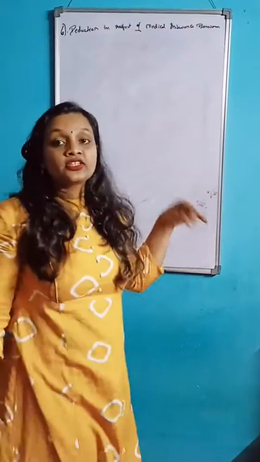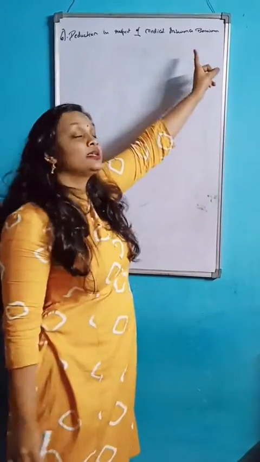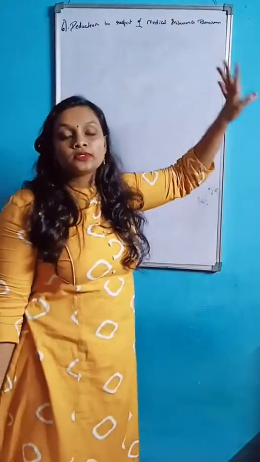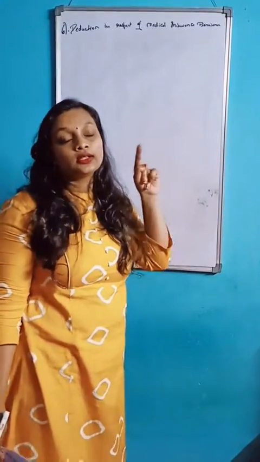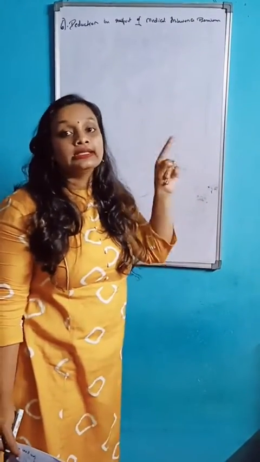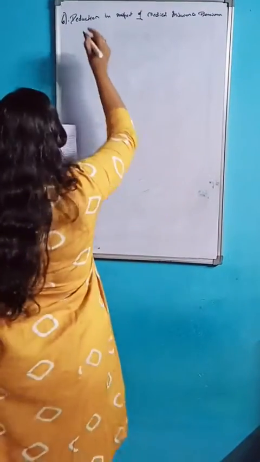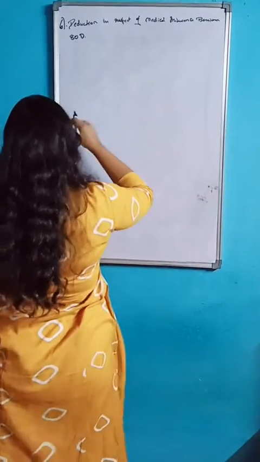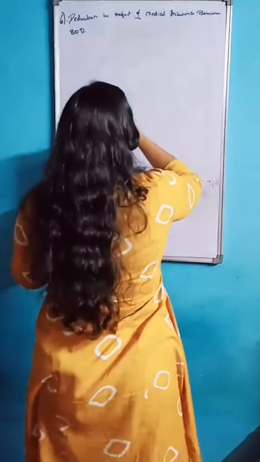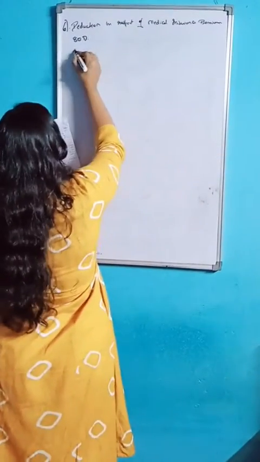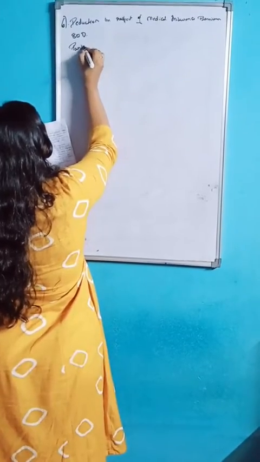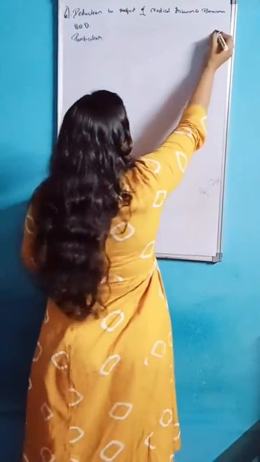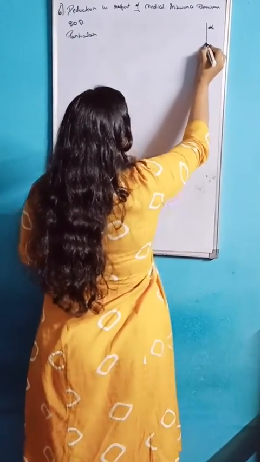Under which section does this come? The section is 80D, because it is the health insurance premium. So the health insurance premium comes under 80D. Okay, 80D. Particulars and amount column.